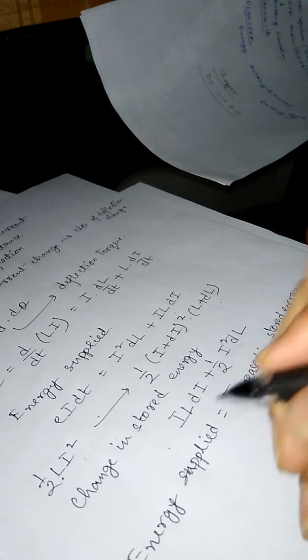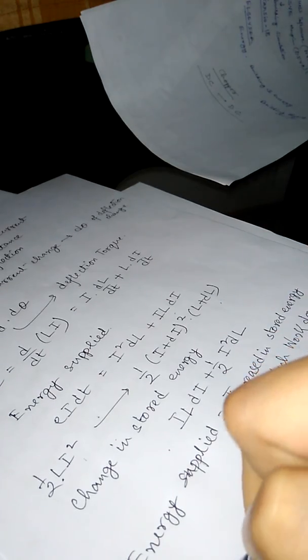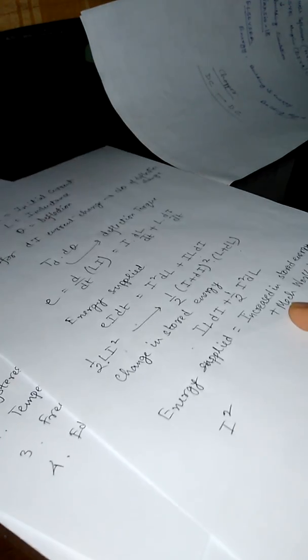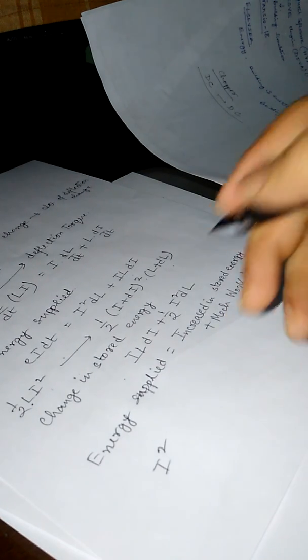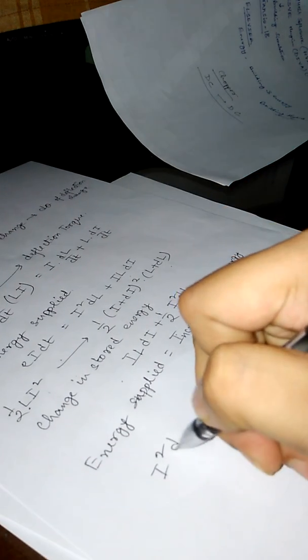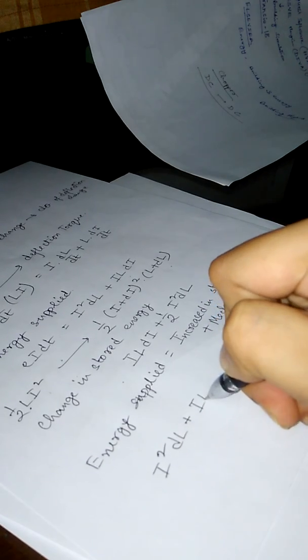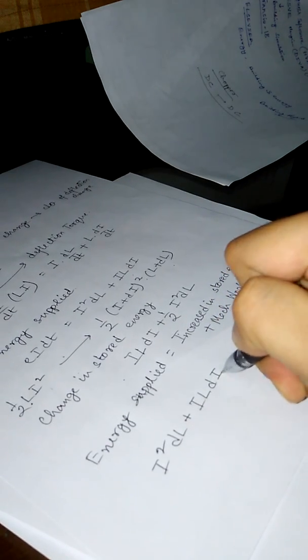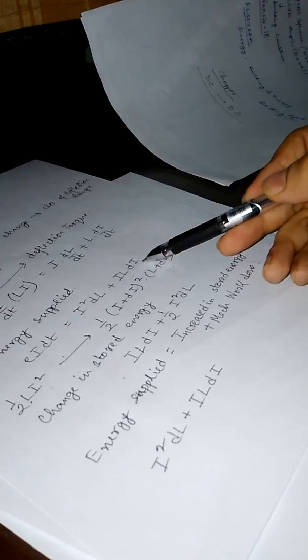Previously we got I square dL plus IL dI, from this equation.